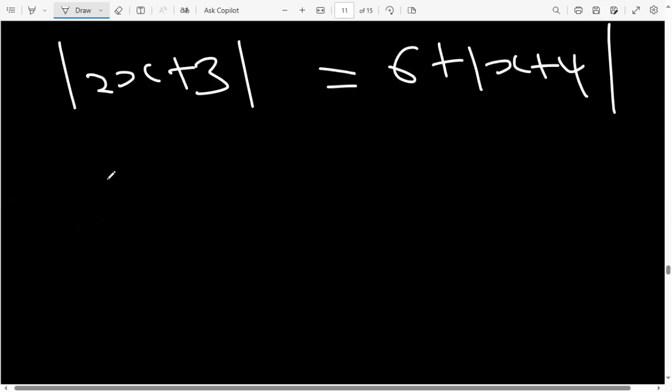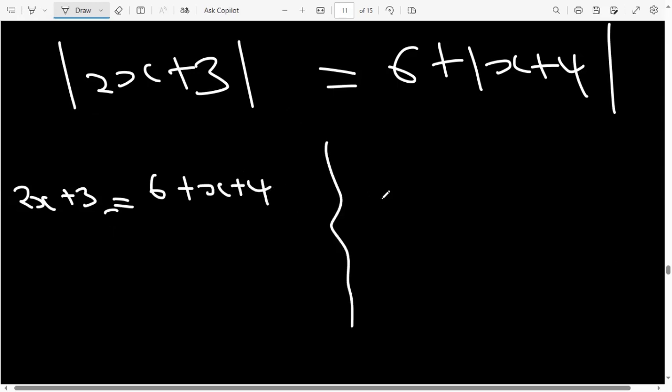We're going to come up with two equations. The first one will be the way it is: 2x plus 3 is equals to 6 plus x plus 4. Okay, then the other one, it will be 2x plus 3 is equals to minus of 6 plus x plus 4.